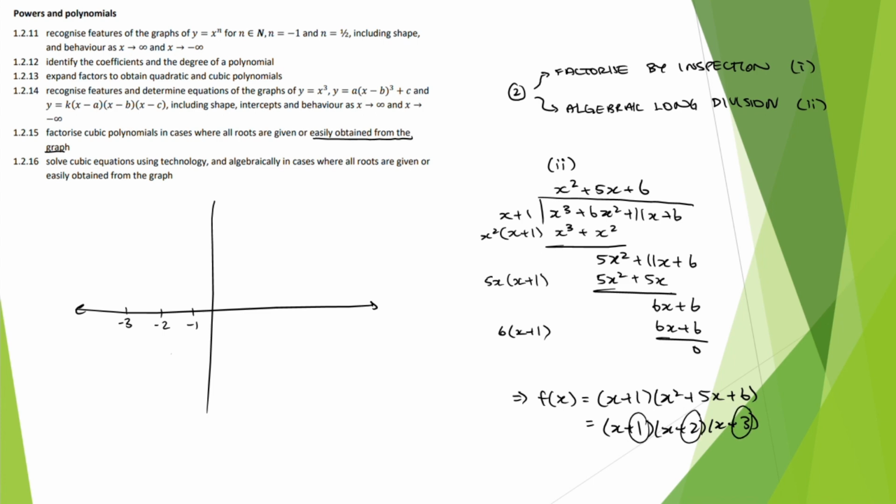We also know we have a y-intercept, which is the multiplication of each of these constants, 1 times 2 times 3, and so that is at the point 6 here. We also know that our k value is positive, so our cubic will look like this rather than something like this. And so as a result, we end up with something like this as our final graph.